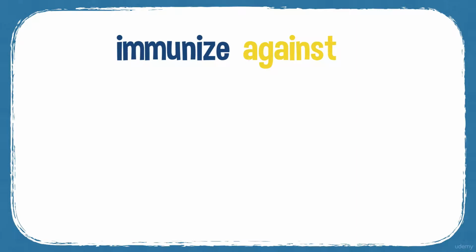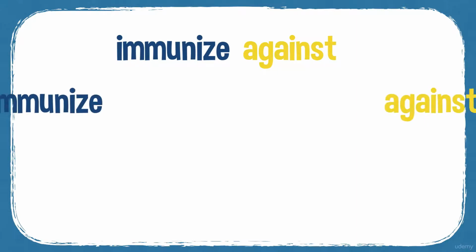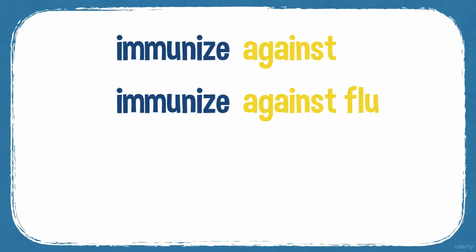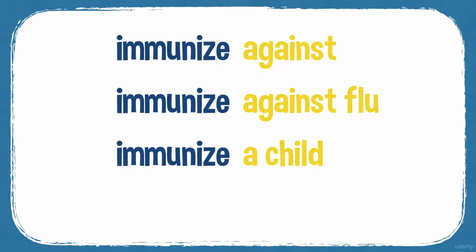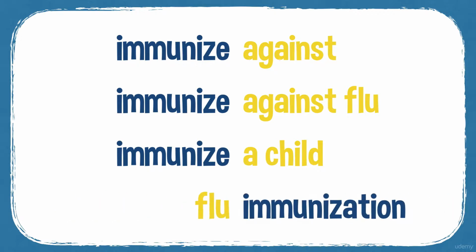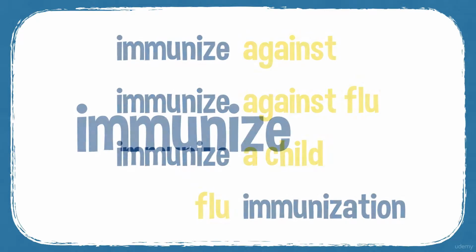So we immunise against things. You can immunise against flu. You immunise a child or a student. We'd often talk about flu immunisation or a particular disease immunisation like flu.